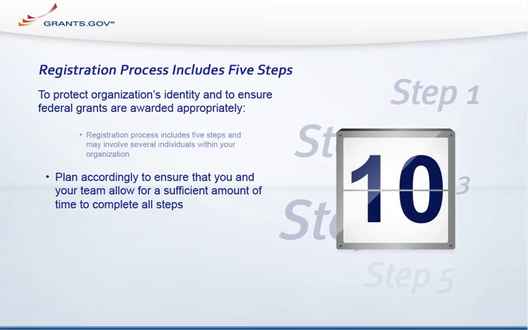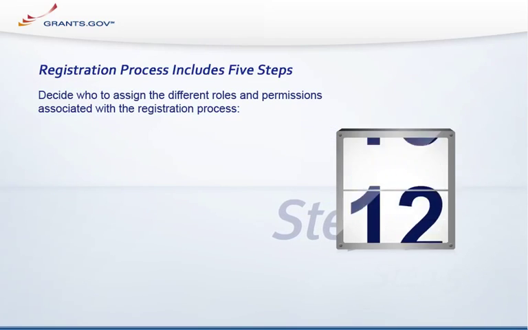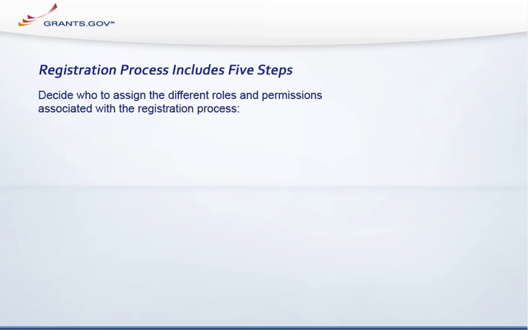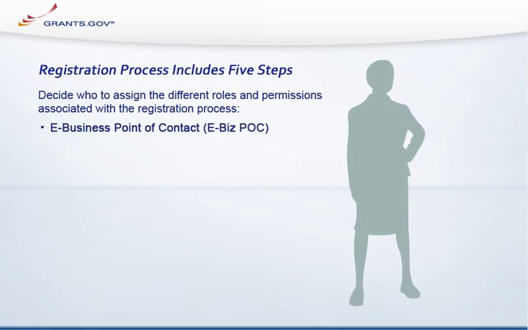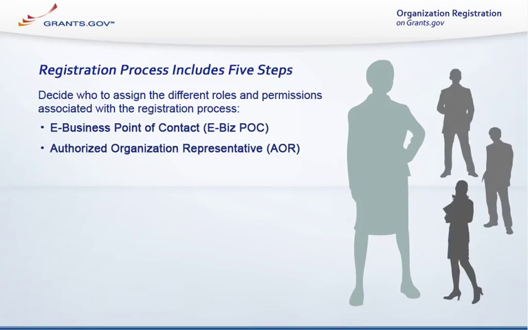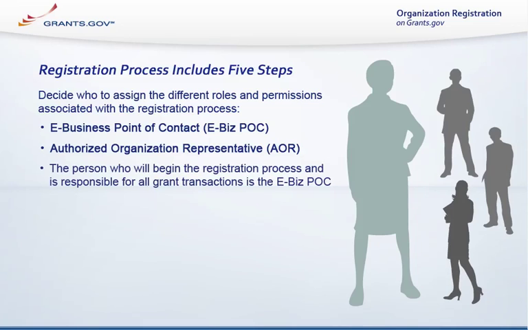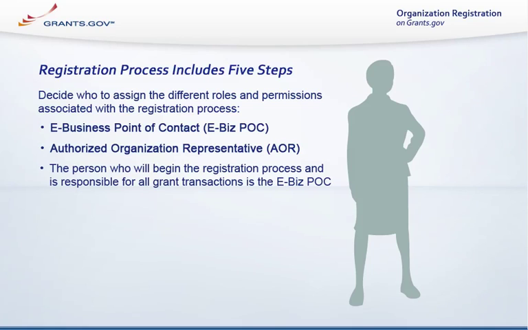to complete all steps. Your organization will need to decide who to assign the different roles and permissions associated with the registration process, such as the e-business point of contact, e-biz POC, and the Authorized Organization Representative, AOR. The person who will begin the registration process and is responsible for all grant transactions is the e-biz POC.